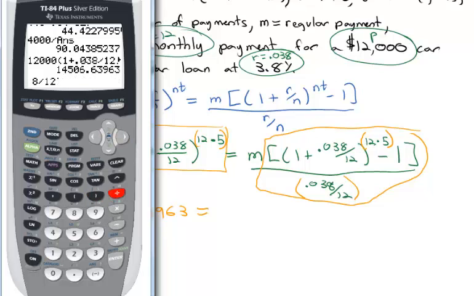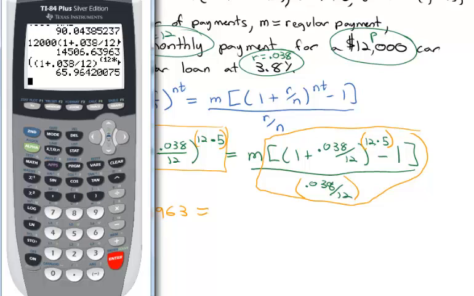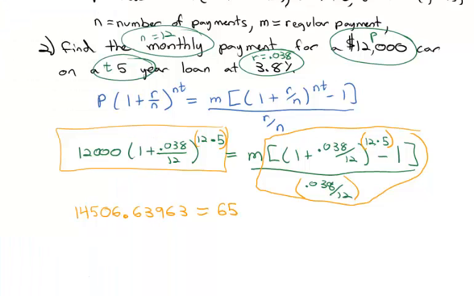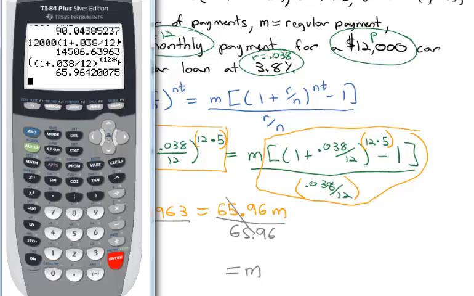Close the parentheses, divided by, the denominator needs an extra parentheses, 0.038 divided by 12. Close the parentheses, and hit enter. 65.96. 65.96 M. And so to solve this, I just have to divide both sides by that 65.96 to find what the monthly payment is going to be.